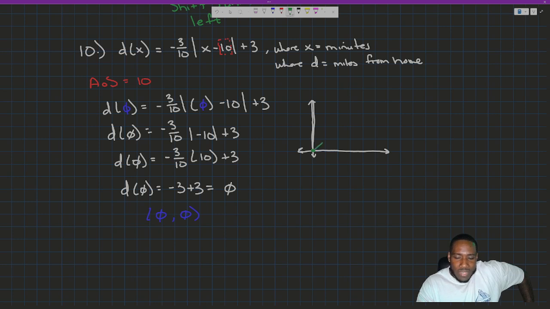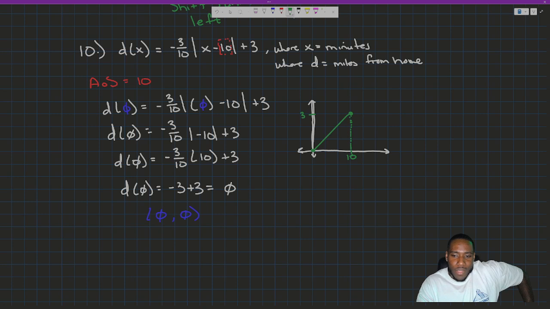And we're progressing in distance away from home until we get to our vertex, which, according to our key feature there, according to the function, is at 10 on the x-axis and 3 on the y-axis.